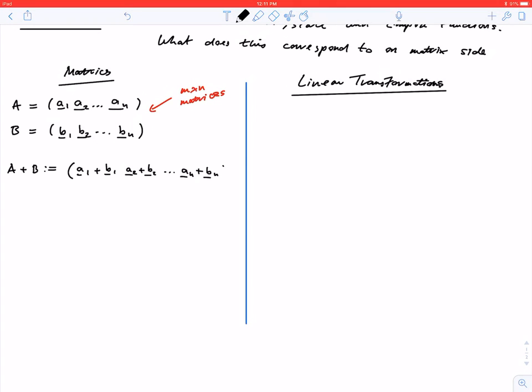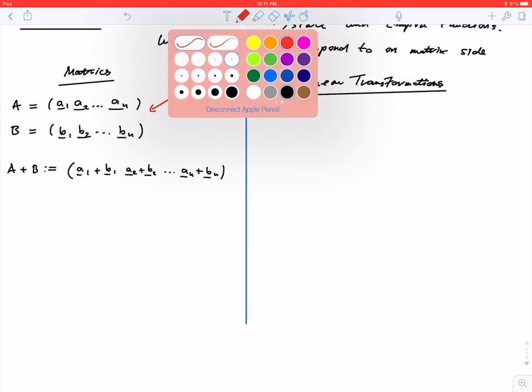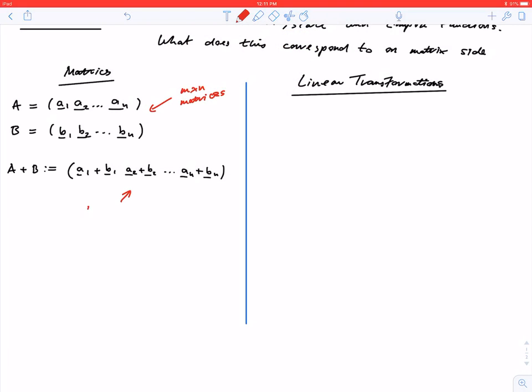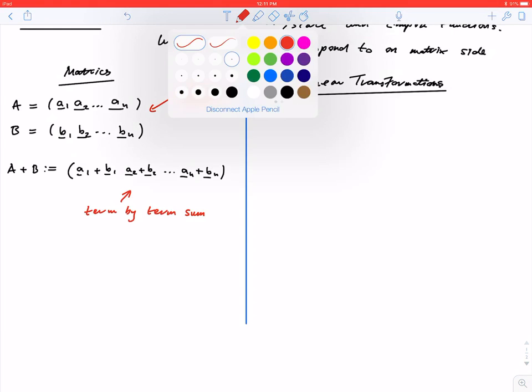All that is really just taking the terms in your matrices as a rectangular array and summing them up term by term. This is a totally reasonable definition of addition. Why is it a good definition? Because it corresponds to the usual definition of addition of functions.